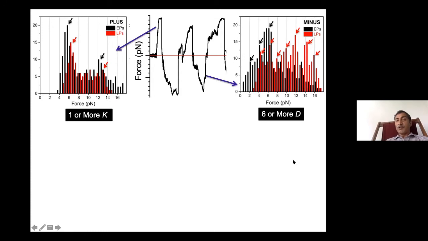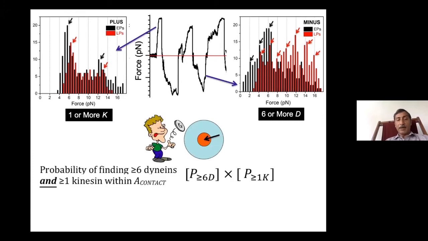So the simple question is, given a surface density of these motors, which we estimated from experiments, and the typical time they take to bind and unbind, what is the probability of finding more than 6 dyneins? Why do I say more than 6? Because that's what this force histogram tells us, or one or two kinesins within this red patch from where it can contact the microtubule.